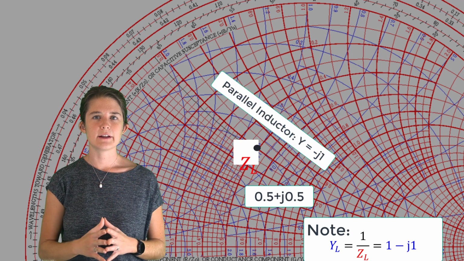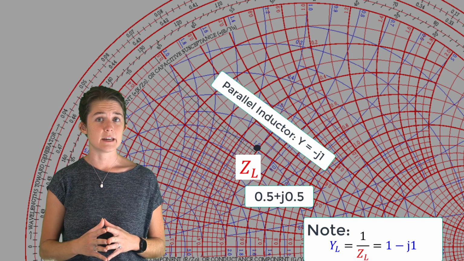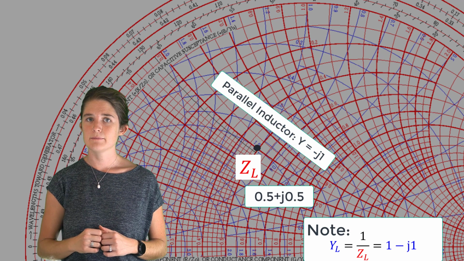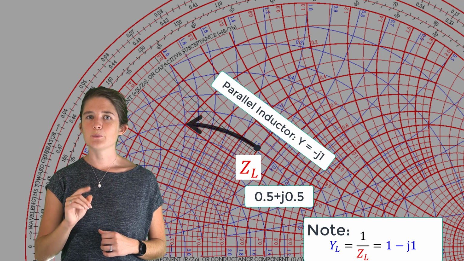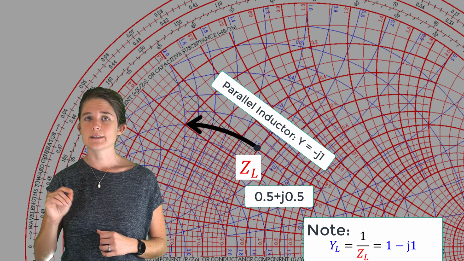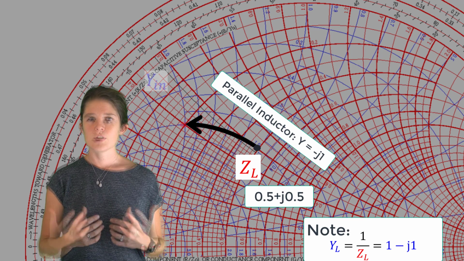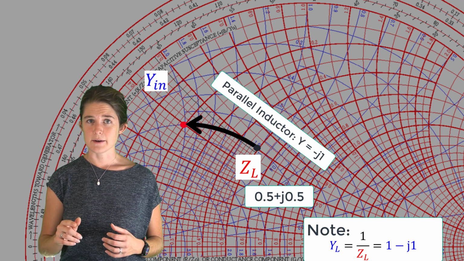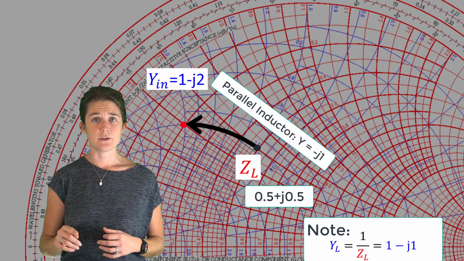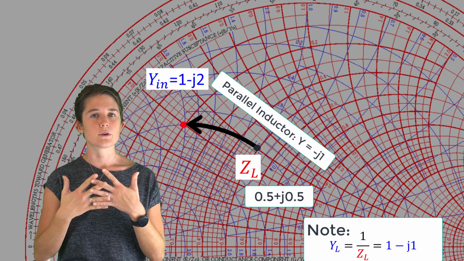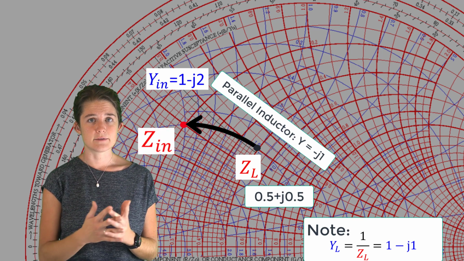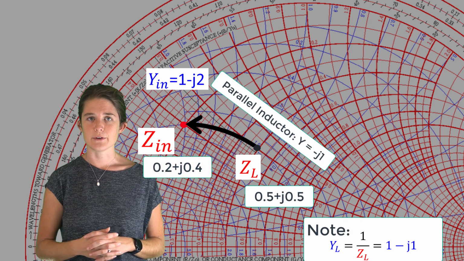Or what if we add a parallel inductor with a normalized admittance of negative j1? In this case, we will move counterclockwise along the constant conductance circle by negative j1. The normalized input admittance, Yn, becomes 1 minus j2, which corresponds to a normalized input impedance of 0.2 plus j0.4.